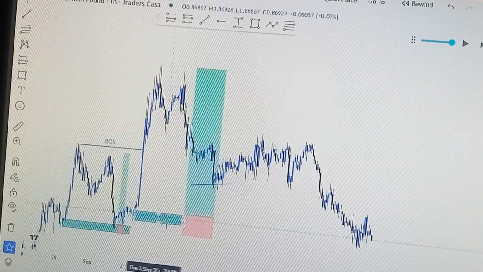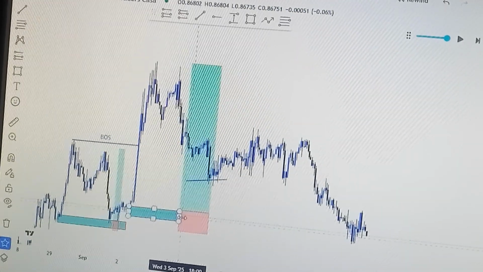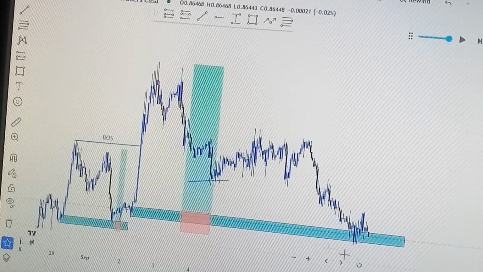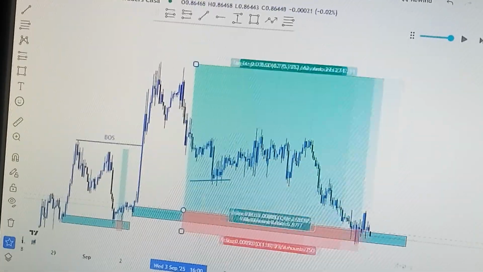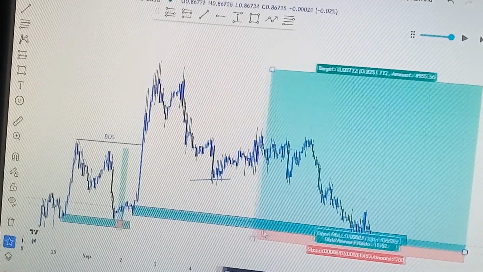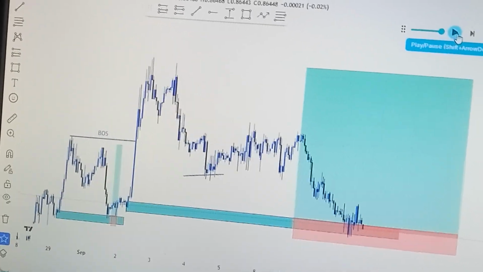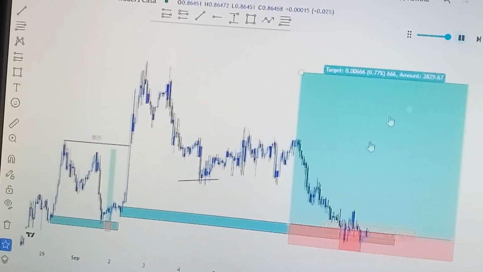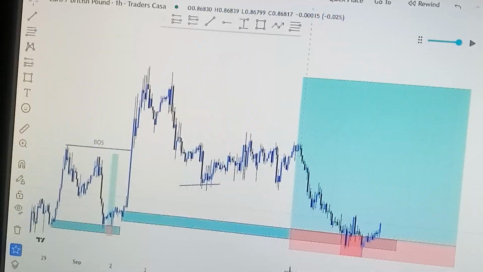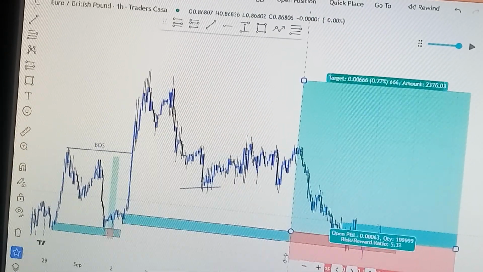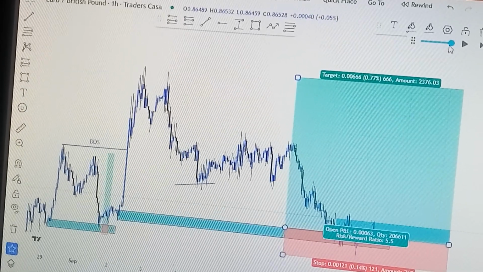So let me first extend my order block. My order block is there. My trade entry is still there. So I waited for price to go up. Wait, my SL was a bit lower. It was here.